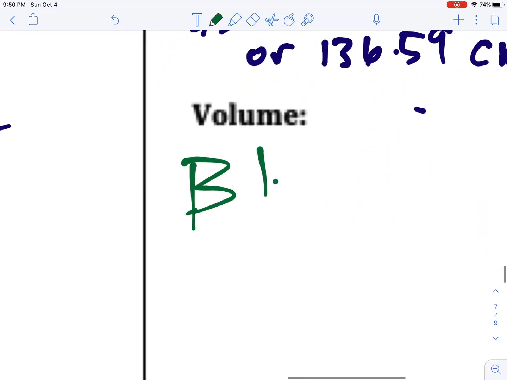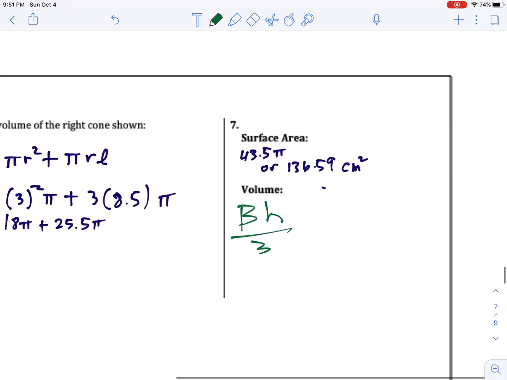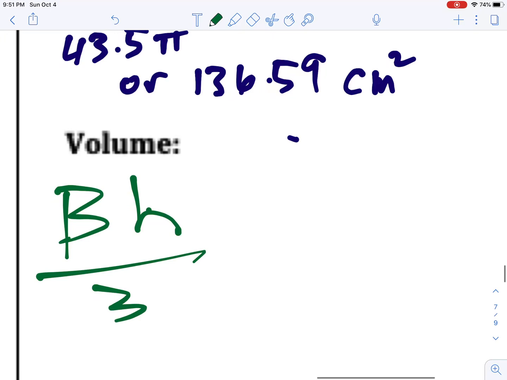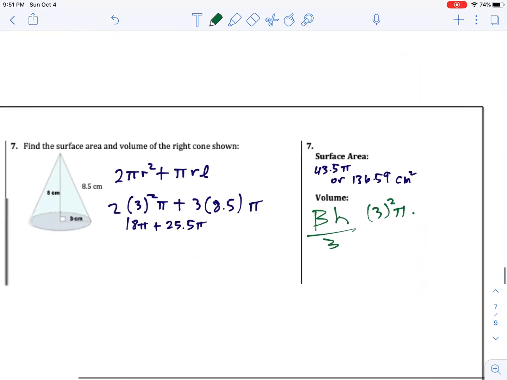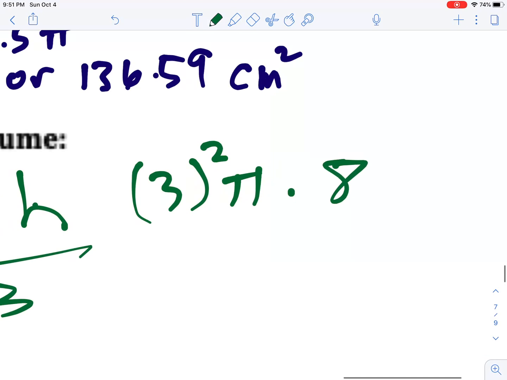Go to volume. Volume is area of the base times the height, not the slant height, divided by 3. It's going to be pi r squared. So 3 squared times pi times the height, which is 8, divided by 3.